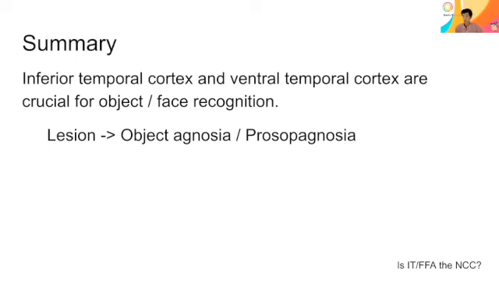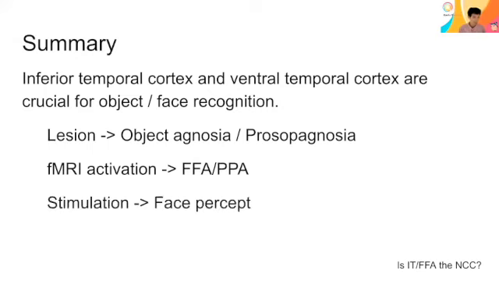If a person is lesioned in a face selective area, it results in a face deficit called prosopagnosia, and these patients can actually see objects. So there is a double dissociation. fMRI activation also showed selective areas for faces and for places or landmarks. And electrical stimulation can cause a face percept if it's done on the right hemisphere.